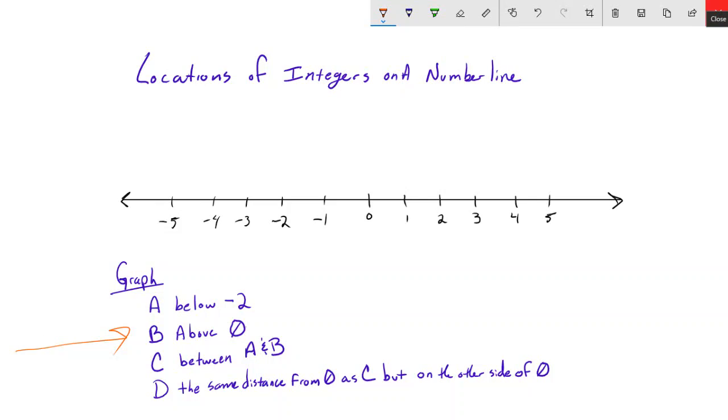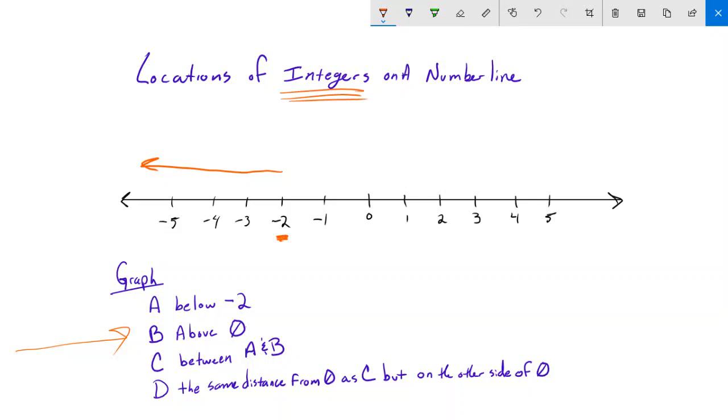So let's look at the first one. It says graph A below -2. So I'm going to graph point A, or plot point A, depending on which way you're used to saying it. It means the same thing. So -2 is right here. So I'm going to say I need to graph it at some point below. And since we're using integers, we're just going to work with whole numbers.